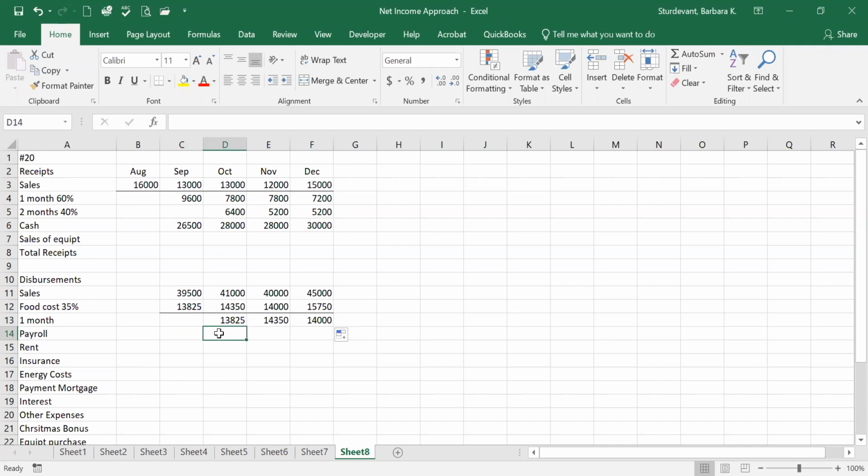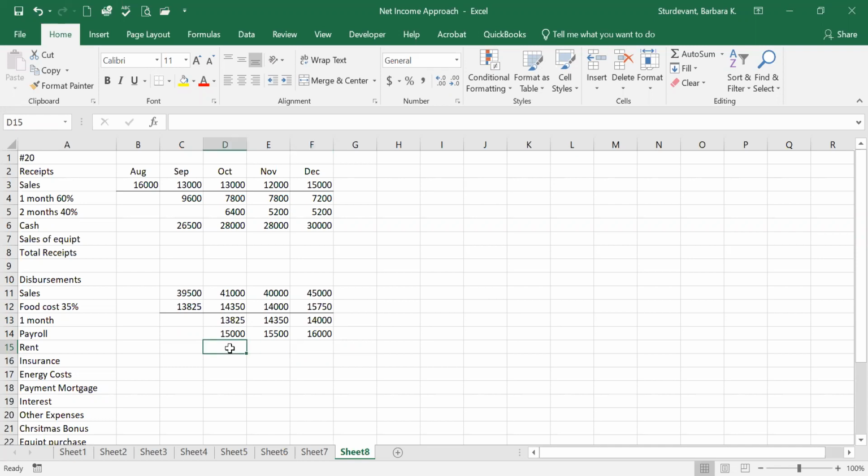So with payroll, we're just gonna put it in. Then they give us other budgeted expenses. So it tells us which ones are paid each month.